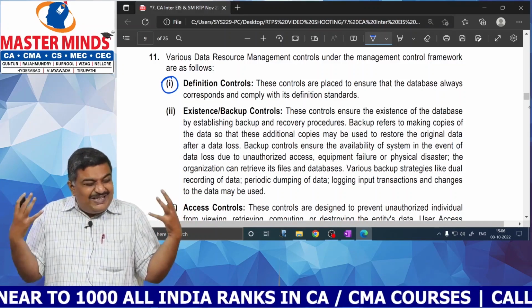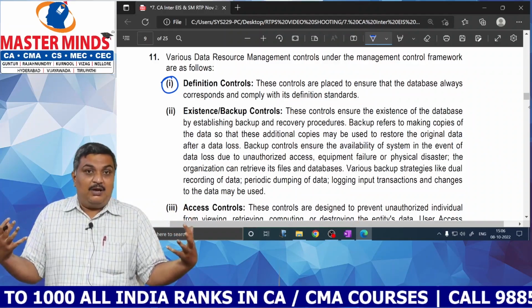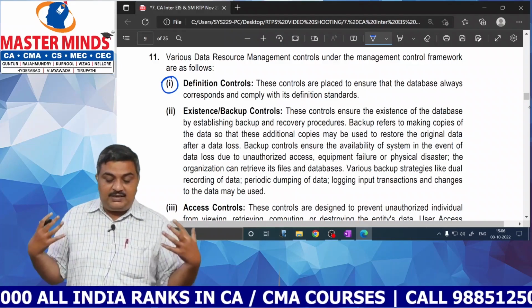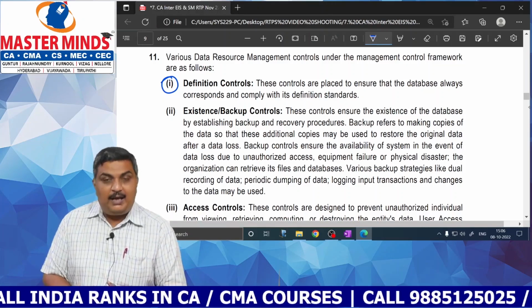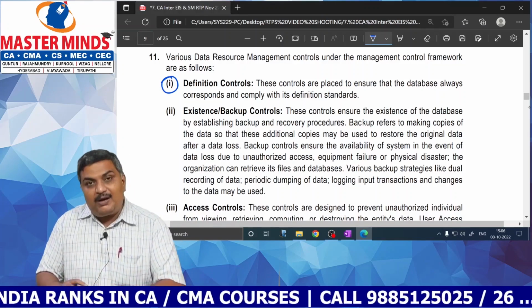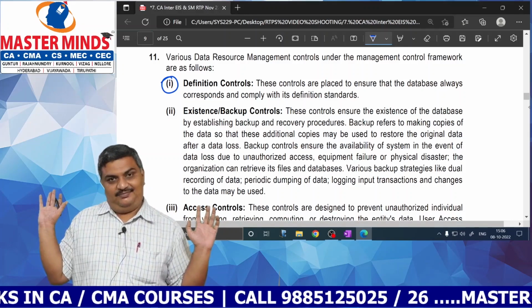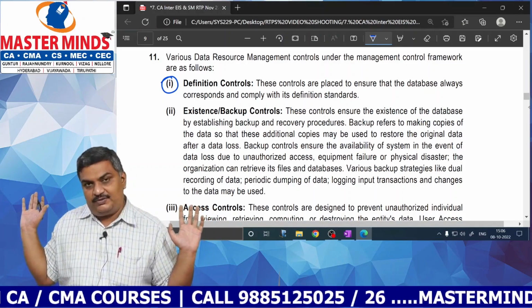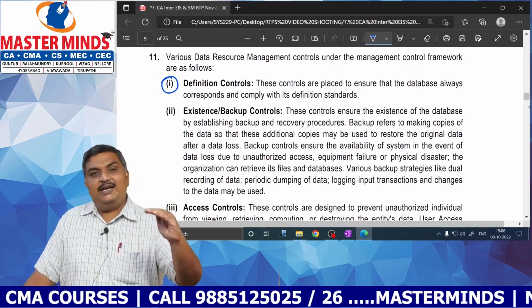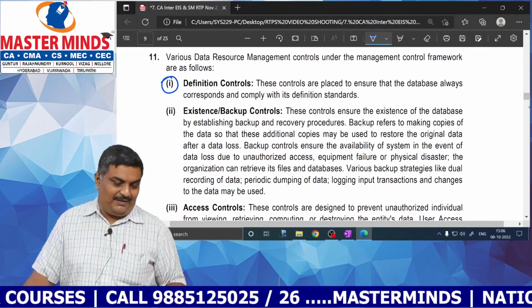That means you need to decide the structure, how you store the data. Those are called definition controls. And you have to properly define the structures to store the data. Then the data will be perfectly stored in the database.